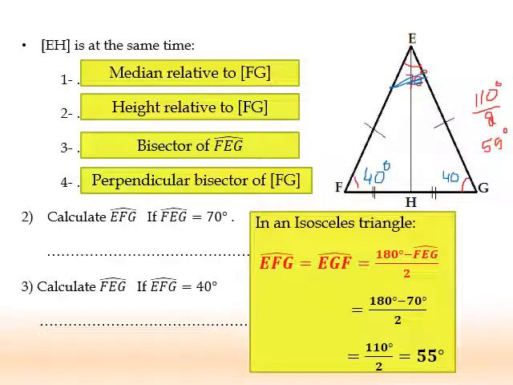Since the base angles of an isosceles triangle are equal. And now, what's the measure of FEG? The sum of angles in a triangle is 180. So 180, take out 40 and another 40. So it's 180 minus 80 and it's 100 degrees. Okay? We always say that the rule is the sum of angles in a triangle is 180.